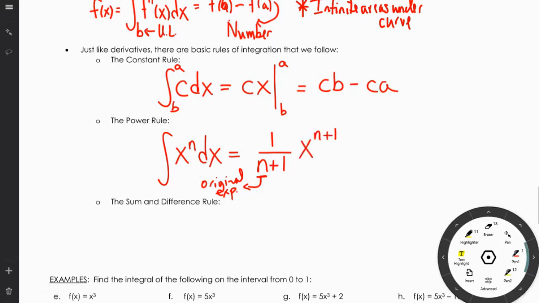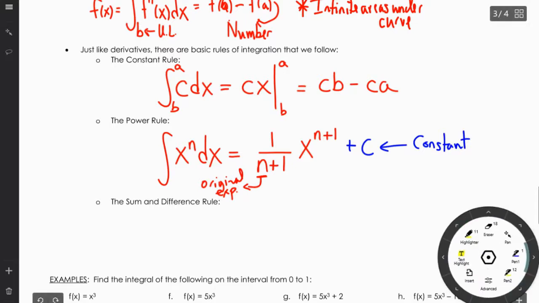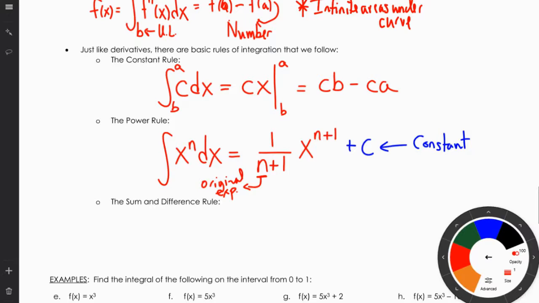Now, in calculus, if you're sitting in a calculus course, you will have to write this plus c, which is just a constant that you can find by using some initial conditions. We saw that in one of the homework problems where it added the plus 8, I think was the value, and you had to go back and use the actual function or the initial conditions provided in the problem so that you can figure out what plus c is.